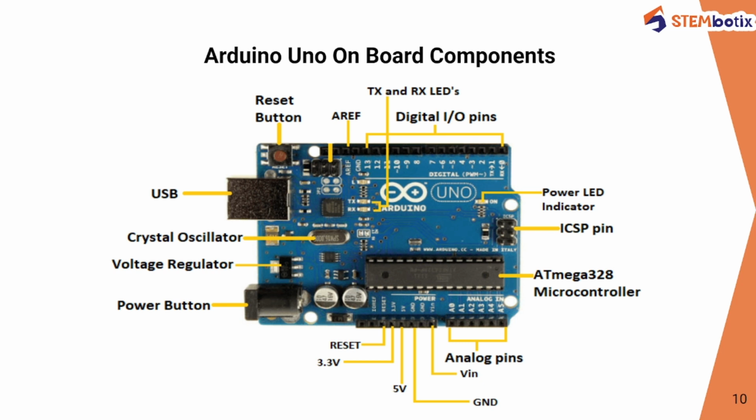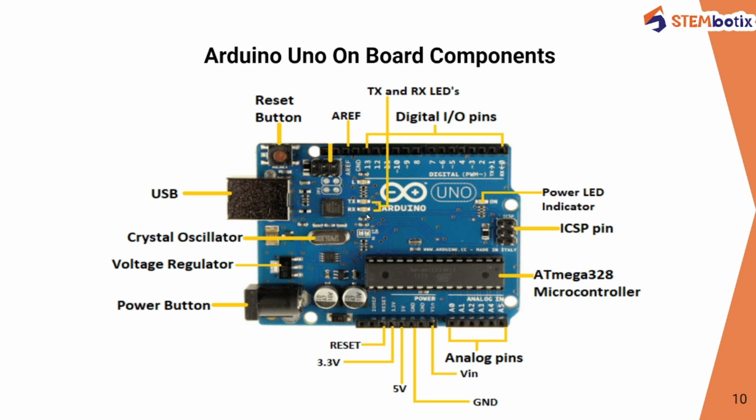The first one is over here and the second is over here. As you can see, on digital pin 0 and digital pin 1 you also have the RX and TX labels, to indicate the pins responsible for serial communication.